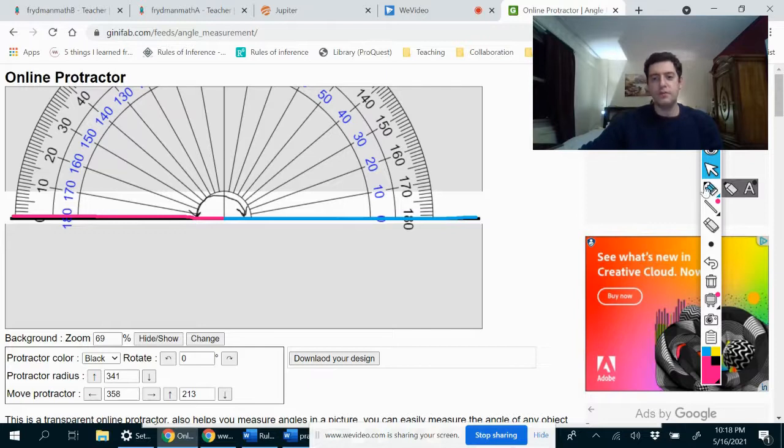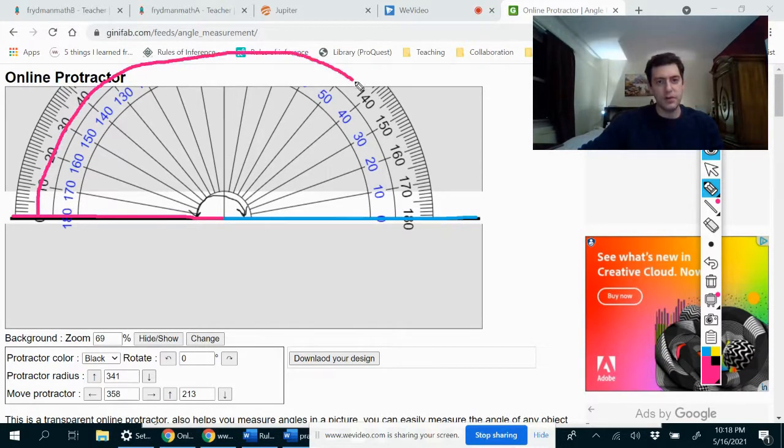So if we start with this line going through this zero, then we follow this over and use the outside set of numbers, we would get to 180 degrees. If we follow this line over to the zero that this is going through and then use this set of numbers, then we also get 180 degrees, okay? So this angle is 180 degrees.